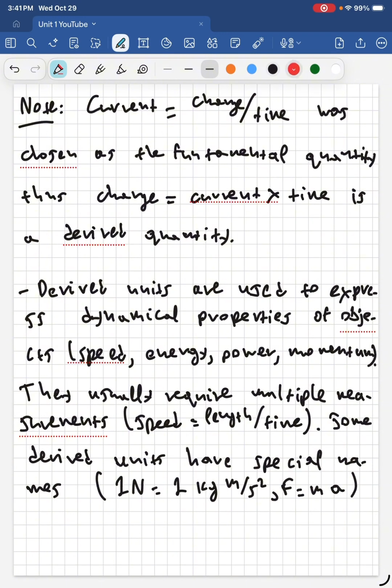So mass is measured in kilograms, and acceleration is measured in meters per second squared, and 1 kilogram times meter over second squared is also known as 1 Newton.